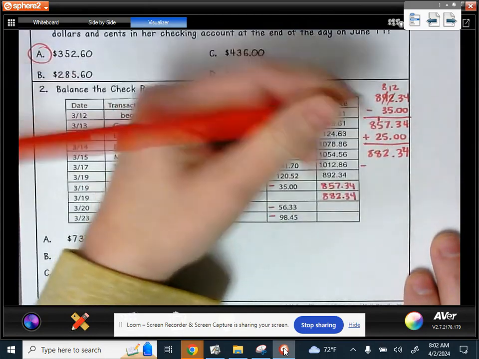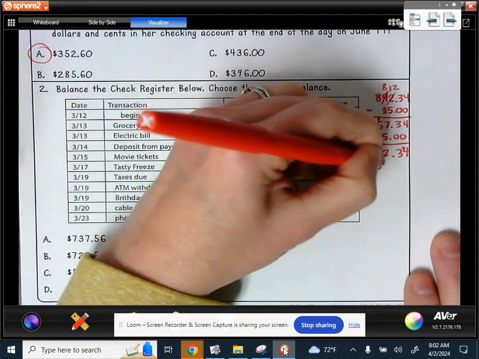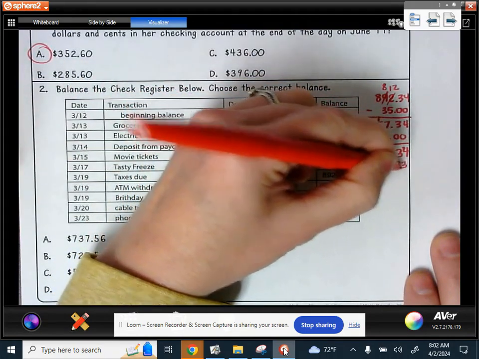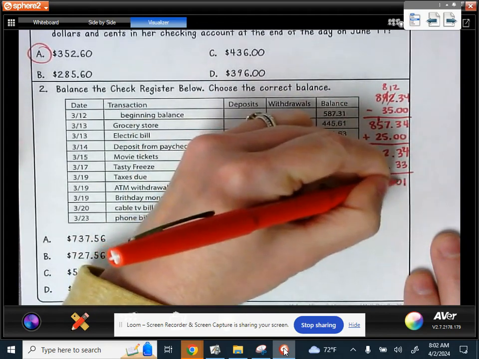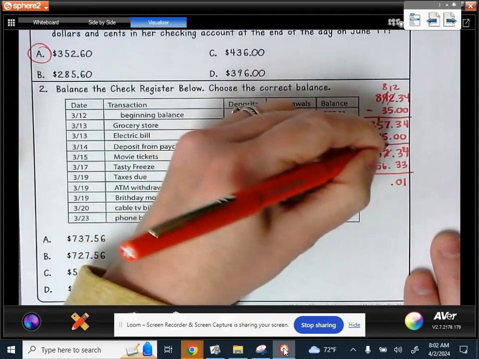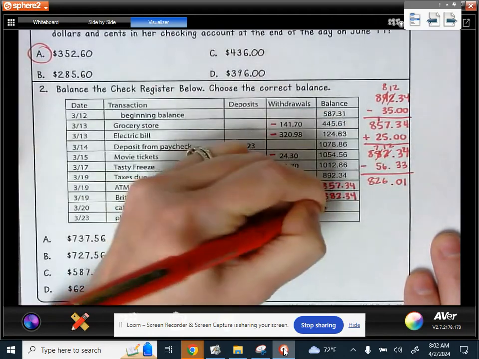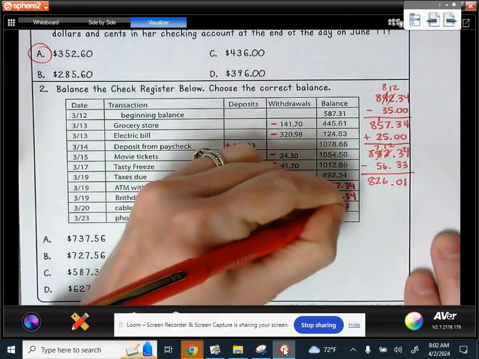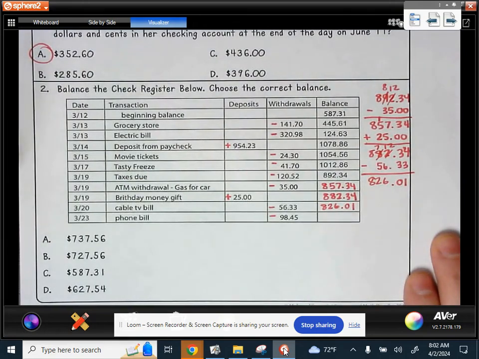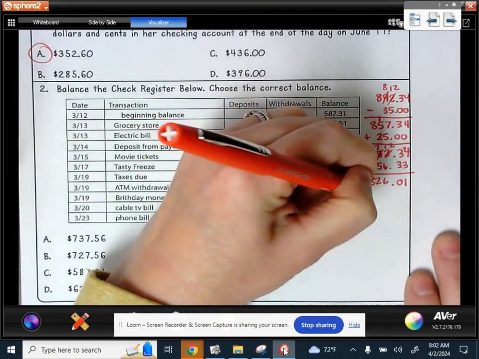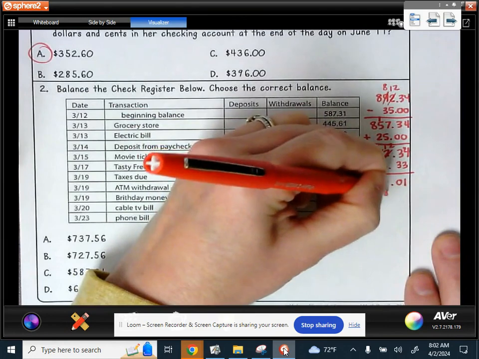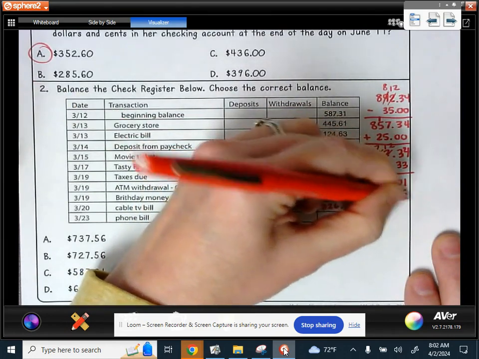So $882.34 minus $56.33. We have to borrow here. So we get $826.01. And then we have one more subtraction problem, minus $98.45.